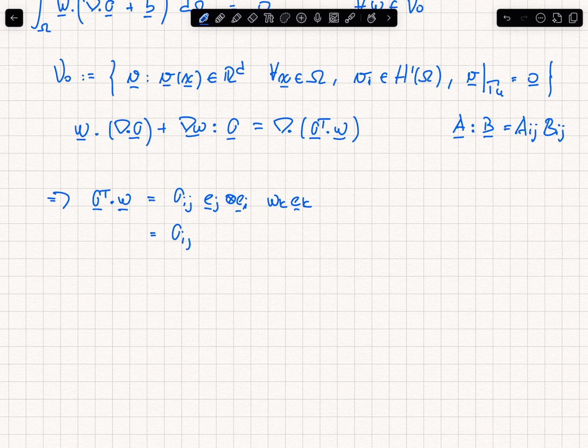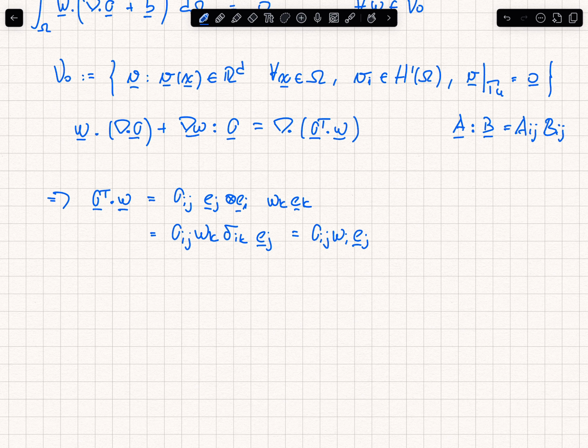So I have sigma_ij w_k delta_ik e_j, and this thing here is basically going to contract one of the indices, and so that whole thing is going to be equal to sigma_ij w_i e_j. So you see now that we have a vector.